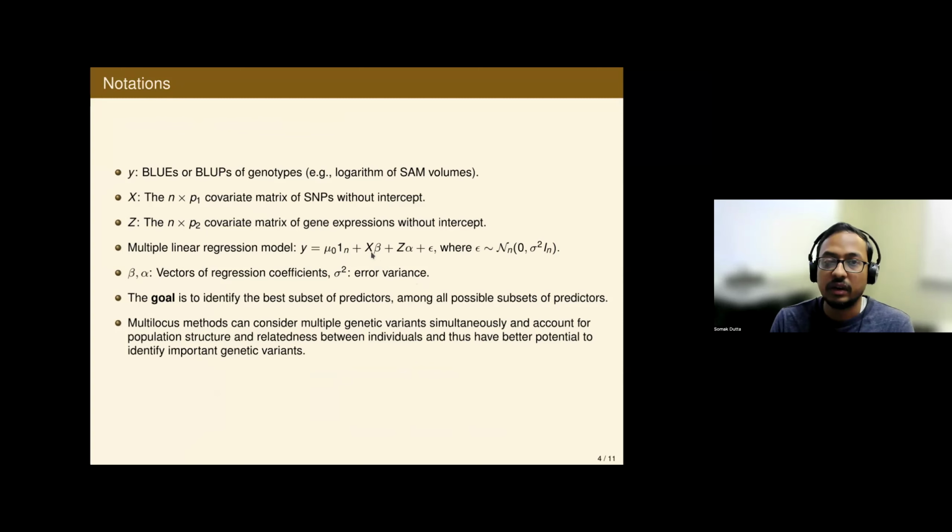Because of that, it doesn't really account for the rest of the SNPs, unless principal components are used to account for them. So in other models, principal components are typically used to account for the remaining SNPs and the population structure and relatedness. But here, because we use a multiple linear regression model on the entire SNP and gene set at the same time, we do not have to explicitly account for population structure or relatedness. Those are automatically accounted for in this model.